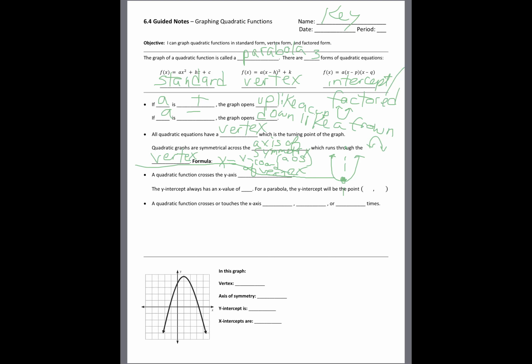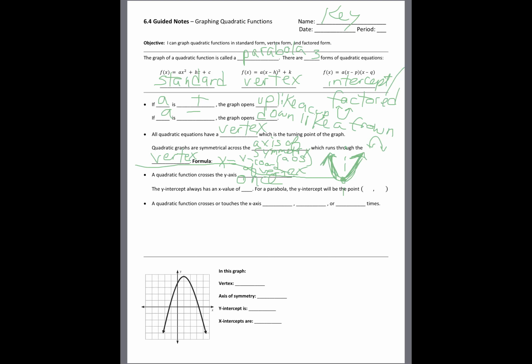It's never going to cross more than once, and it has to cross the y-axis. Even if it's way far away from the y-axis, since these ends go on forever in both directions, no matter where you place this on the coordinate plane, eventually it's going to cross the y-axis. So it will cross the y-axis once.